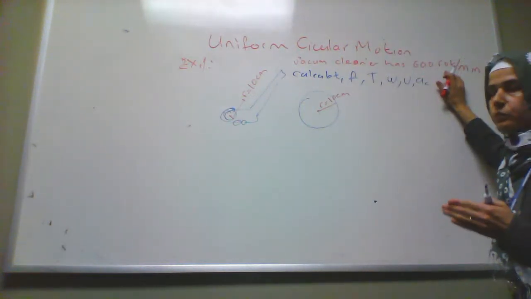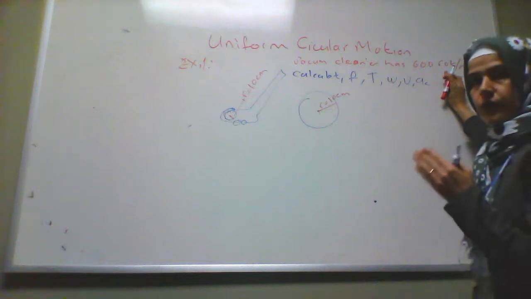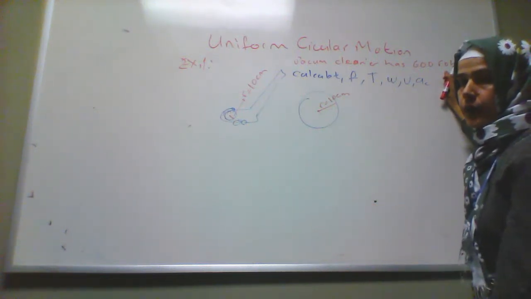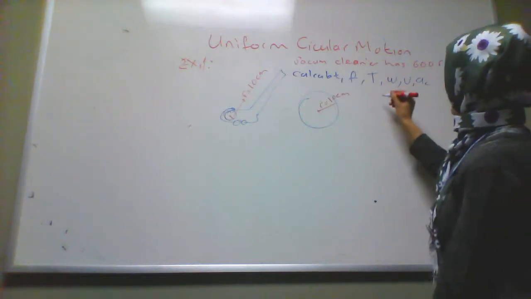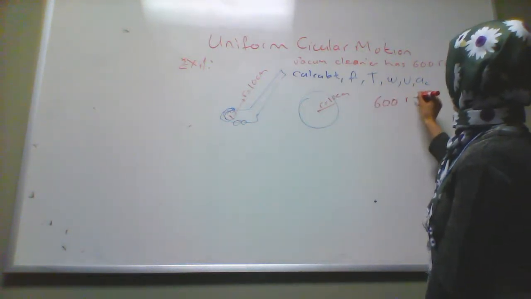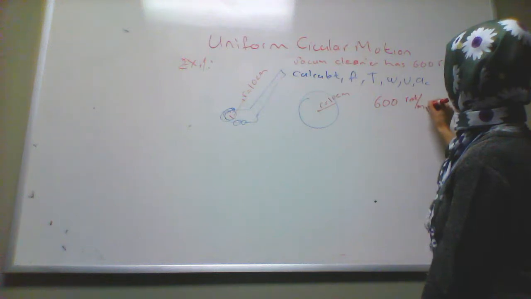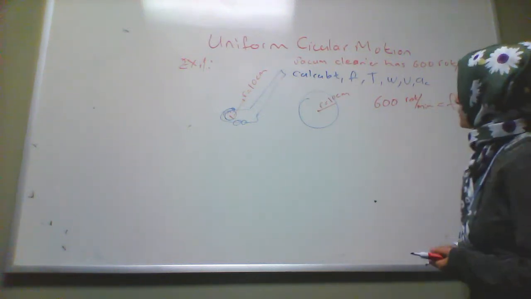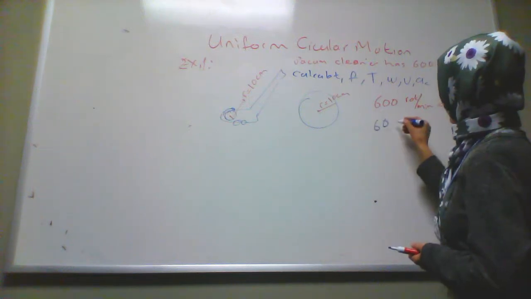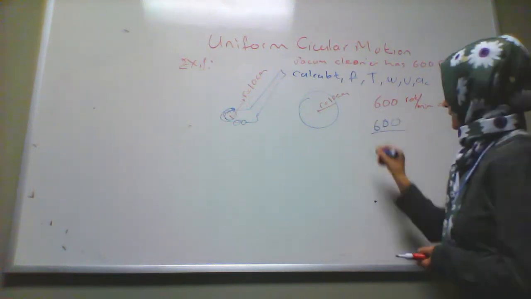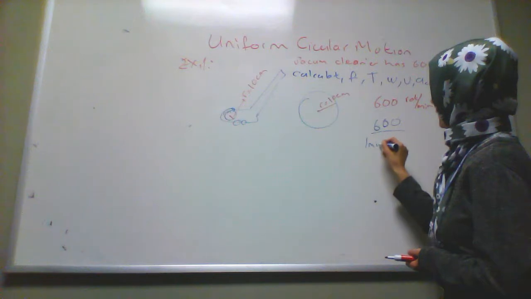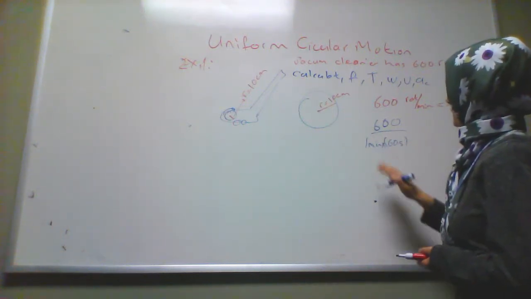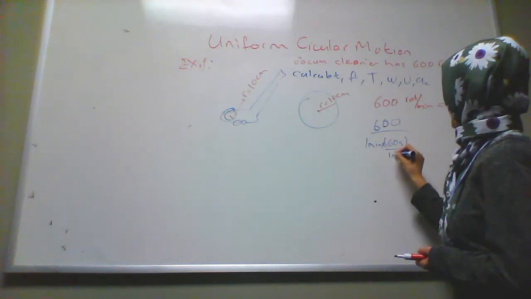600 rotations per minute would be frequency, but we're going to convert this to rotations per second, so we'll have frequency in the correct unit, in hertz. I'm going to convert this to rotations per second. 1 minute is equal to 60 seconds.